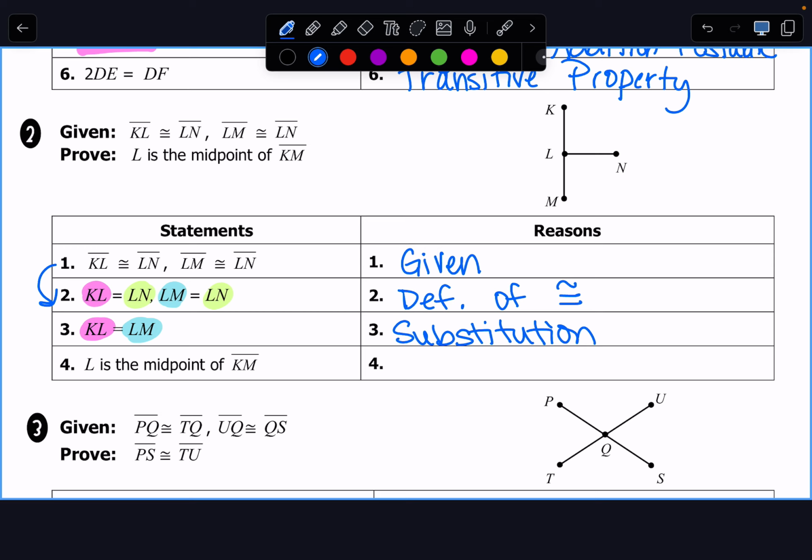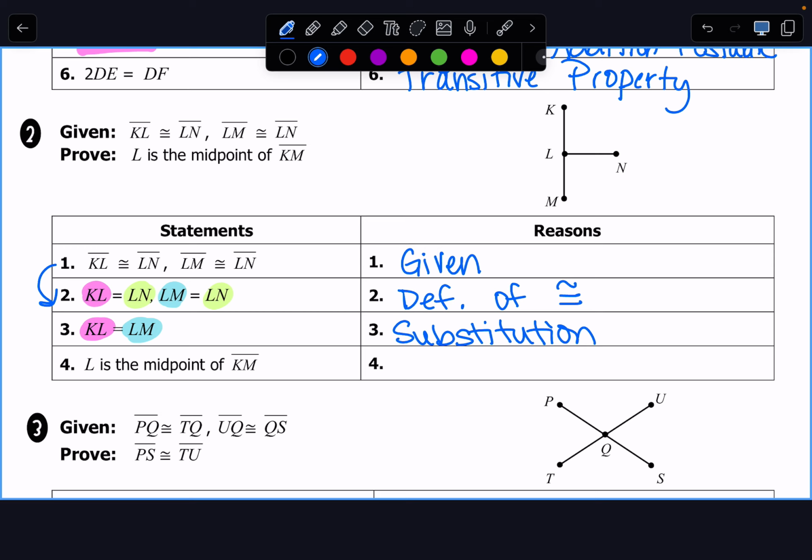Okay, so these aren't in the right order. Hey, Alex, I want you to just look at this. These would need to be flipped around, and these two have to be the same. Now, here's the deal. I get that the transitive property and substitution property are very close when something like this happens. So, Alex, if you would have told me transitive property on a quiz, I'm probably not going to get upset because I know what you're going for.